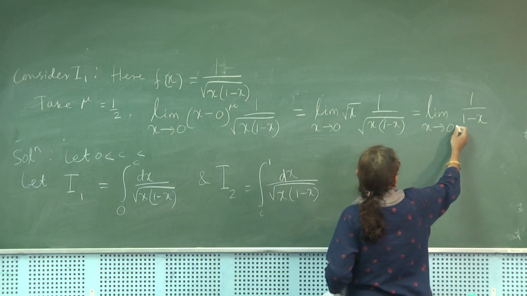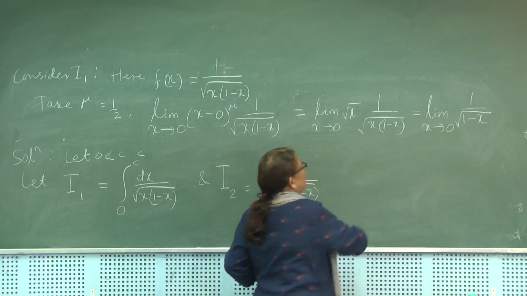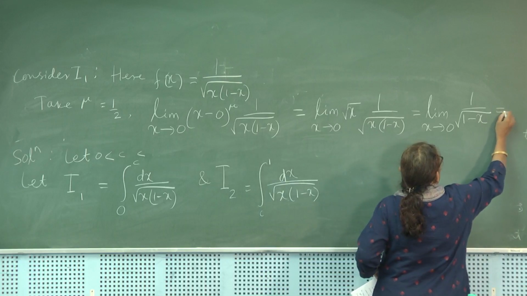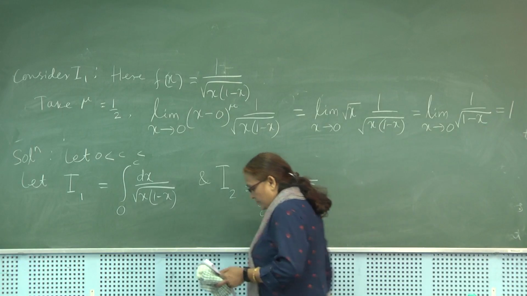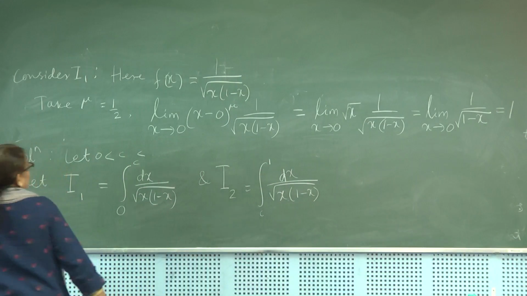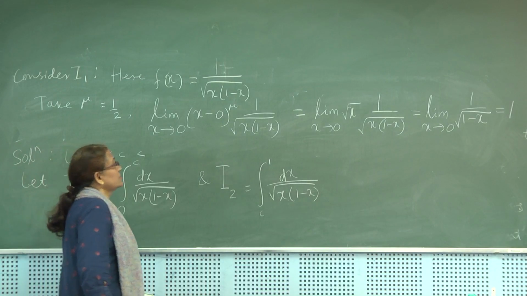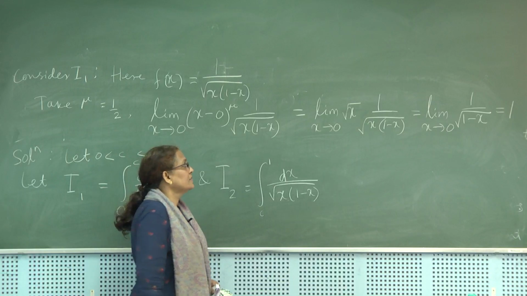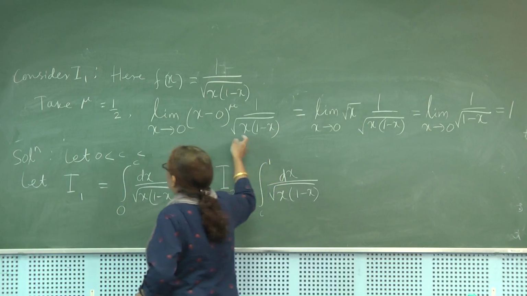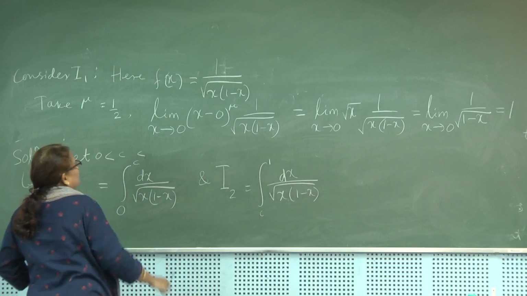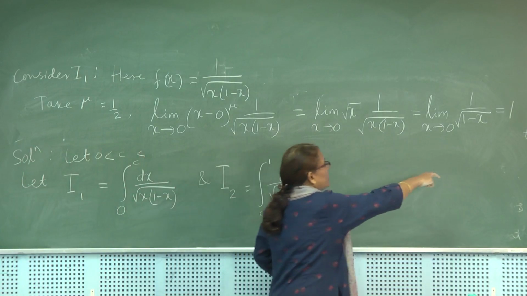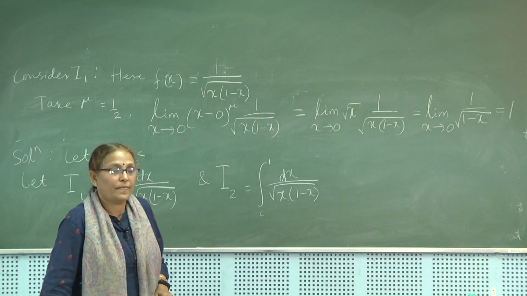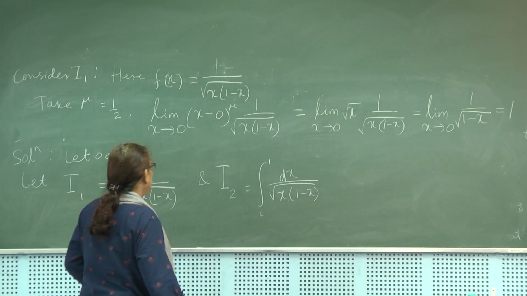We are left with this, and you know that this value is equal to 1. So, from the mu test, provided that we have taken mu equal to half, this limiting value is a finite number that exists finitely.